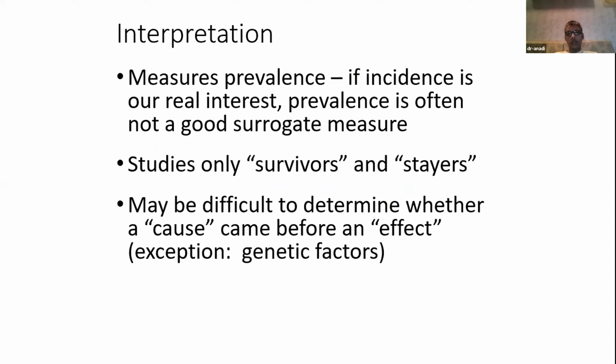Now, the interpretation of cross-sectional studies. It actually measures prevalence. If incidence is our real interest, prevalence is often not a good surrogate marker. Studying only survivors and stayers, it may be difficult to determine whether the cause came before the effect. For example, smoking is related to lung cancer.